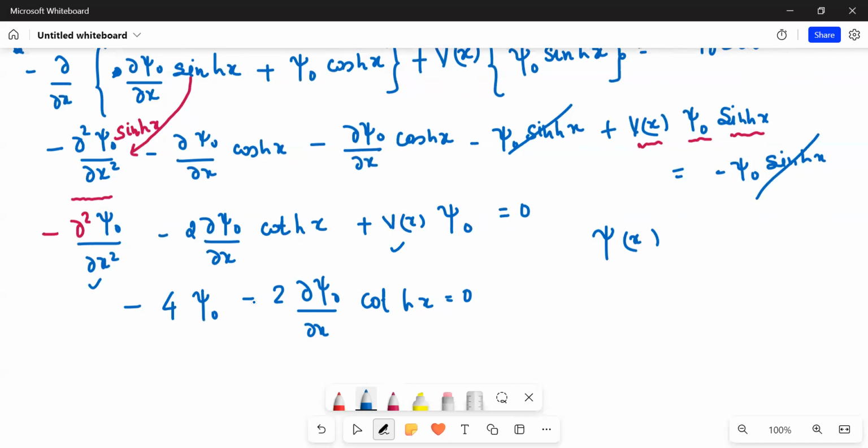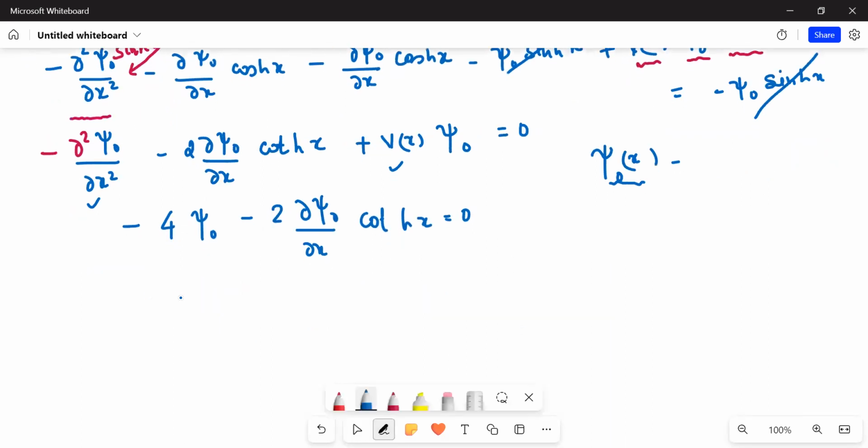Okay, so basically psi naught was given to be a function of x only. So I can simply write it as a total derivative here. So it will be equal to 2 times psi naught is equal to d psi naught upon dx cot hyperbolic x.